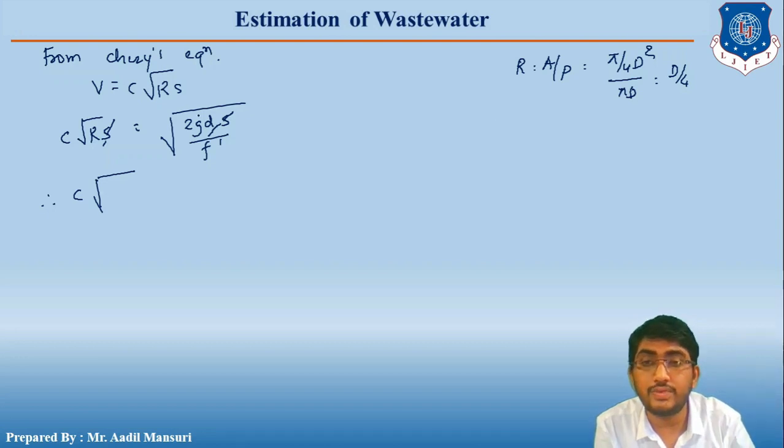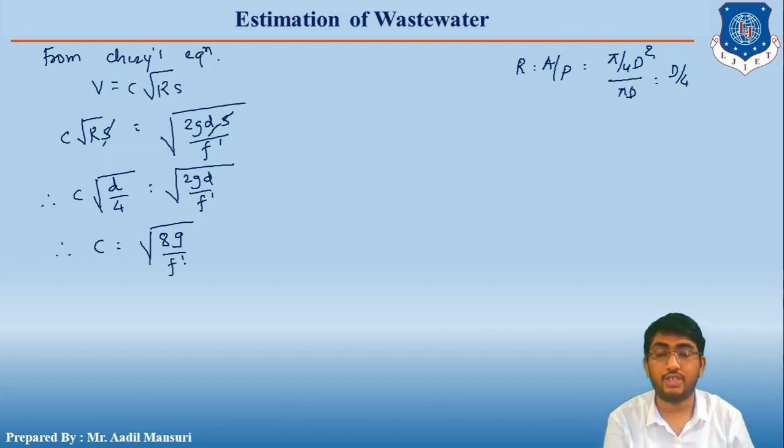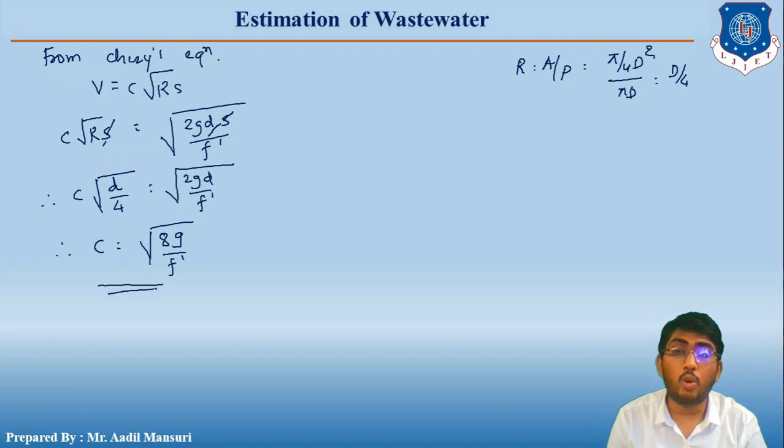So here, since we have considered small d, that will be equal to 2gd upon f dash, and therefore we got constant C equals under root of 8g upon f dash, right students? So we got the constant C.